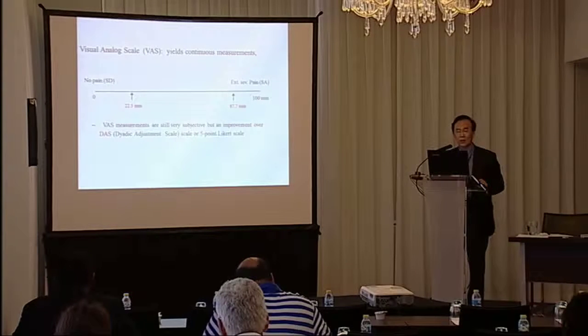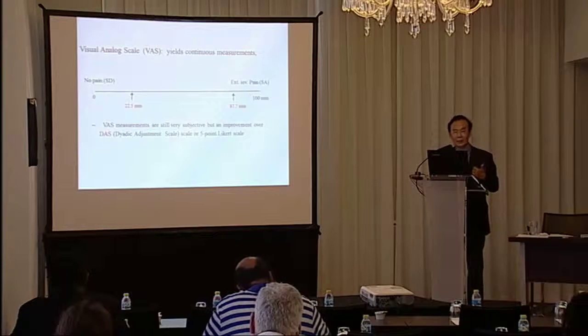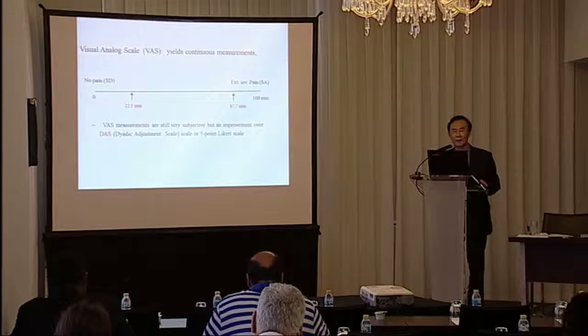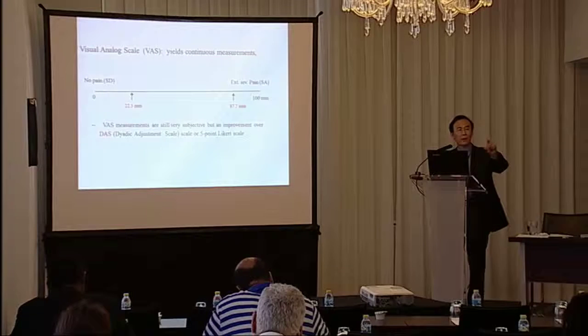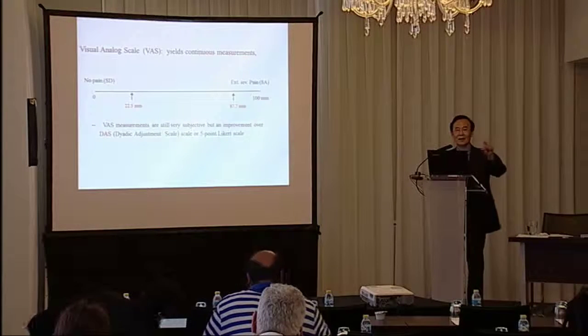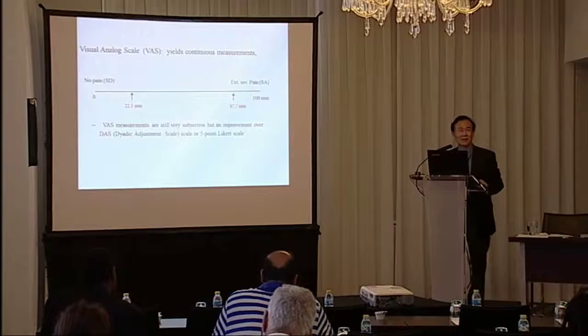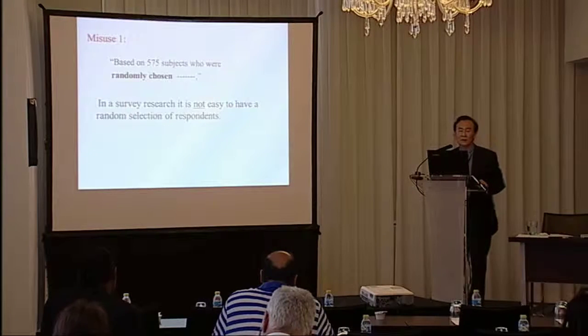So the first patient responded, oh, my pain is 22.5 millimeters, and another patient 87.7 millimeters. So you now have a continuous measurement, which is slightly better. However, remember that the VAS scale is still very, very subjective. I can apply an equal amount of pain to all of you here, but the feeling of pain is inherently subjective. You're going to get very subjective, sometimes misleading data. So you have to be very, very careful.